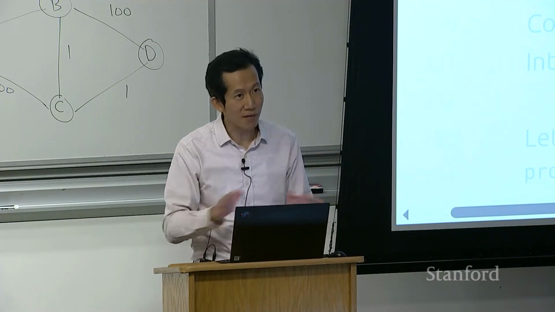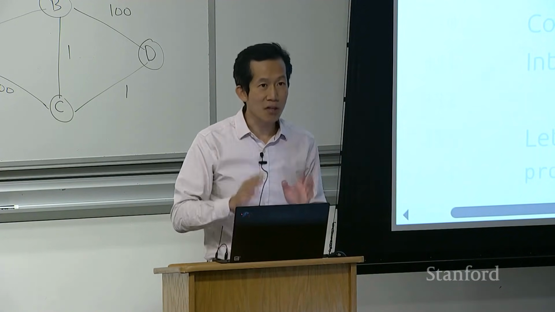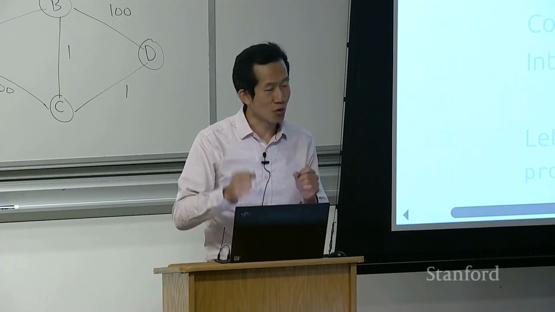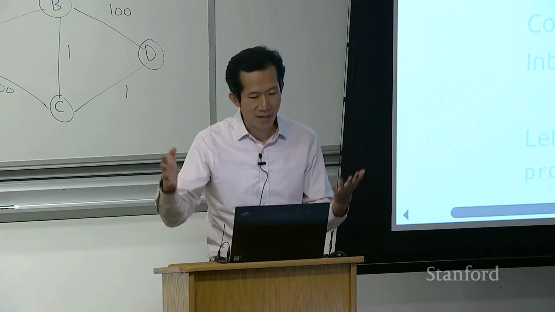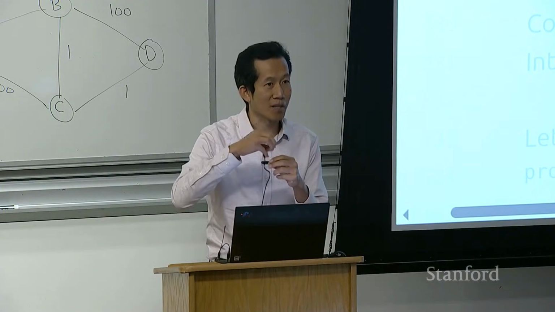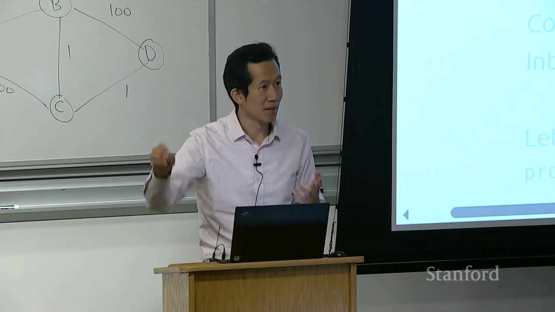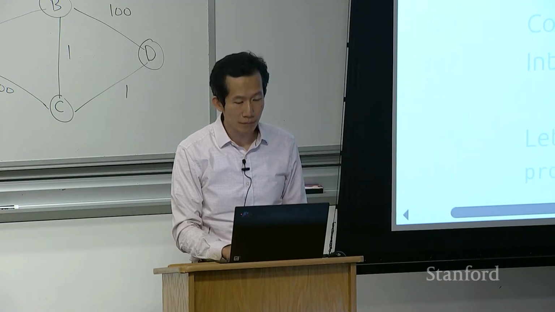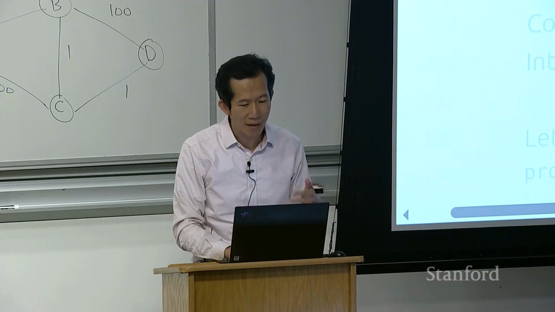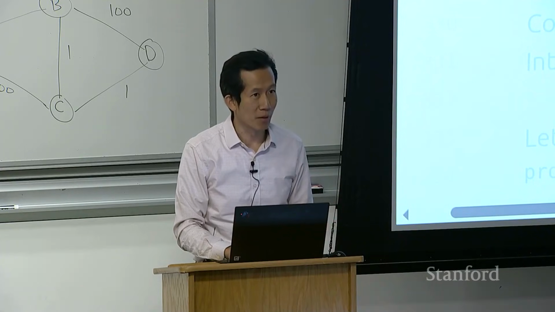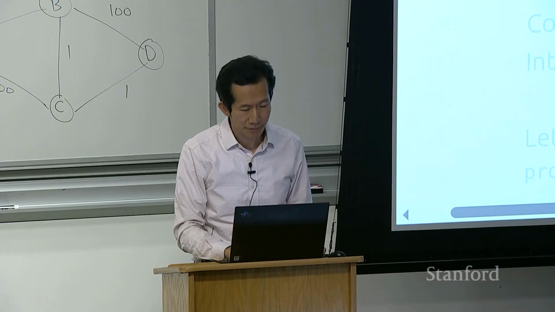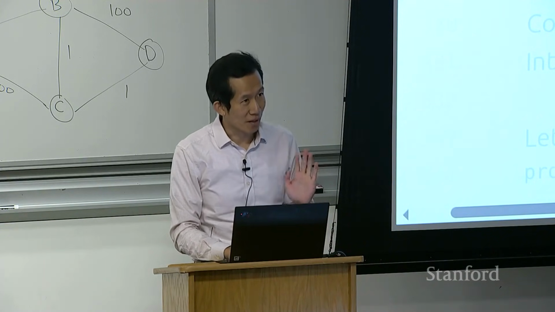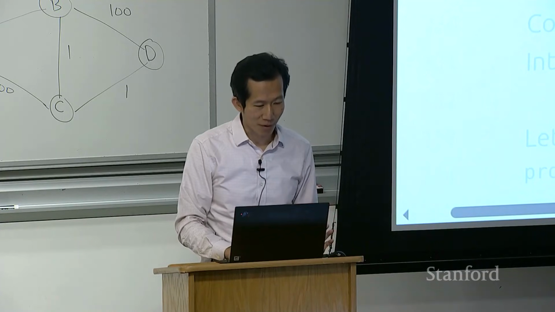Okay, so for the rest of the lecture, you should think about H of S as a heuristic, and it should try to represent the minimum cost path to the end. Okay, and I'll show you some examples of what the heuristic might be later. But first, let me just introduce the A-star algorithm.